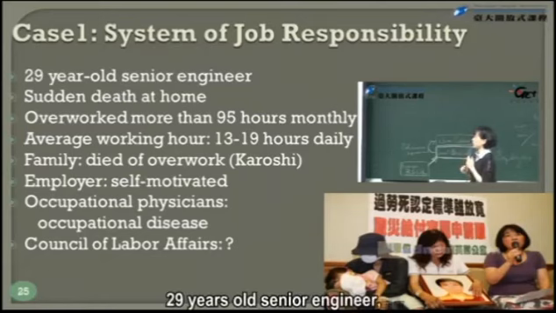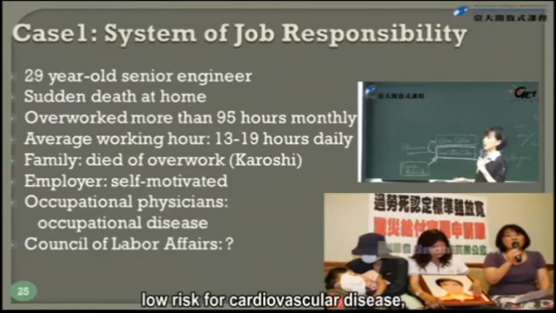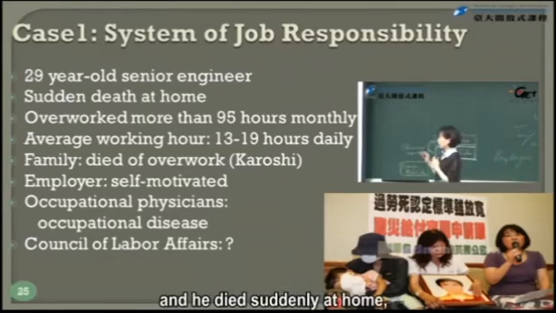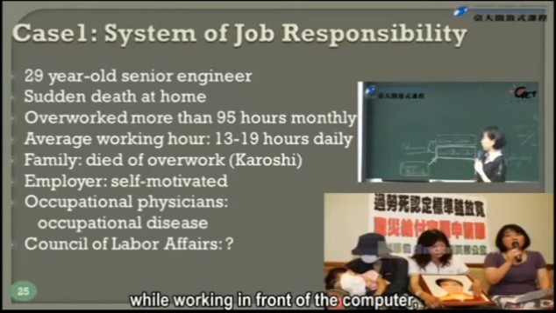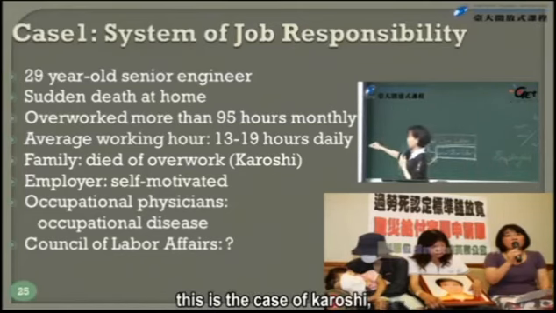A 29-year-old senior engineer, who had no previous disease and no risk for cardiovascular disease, died suddenly at home while working in front of the computer. The family argued that this was a case of coercion.